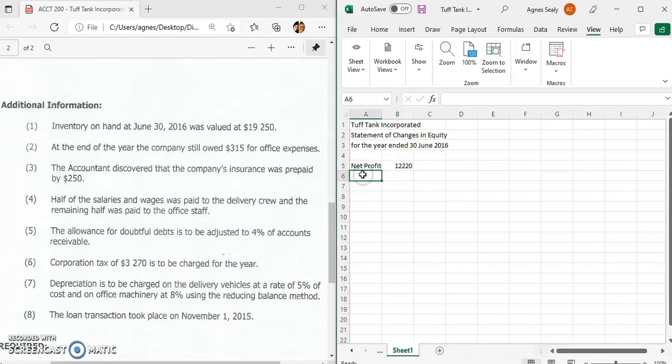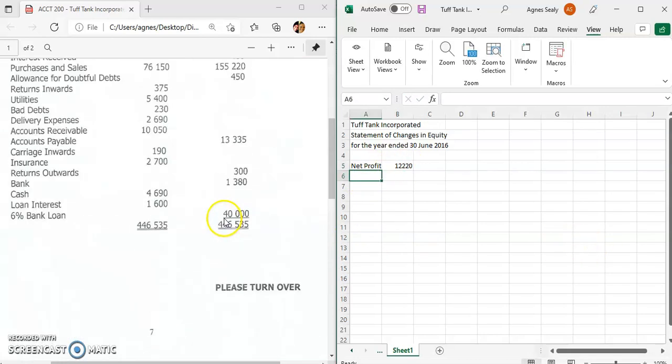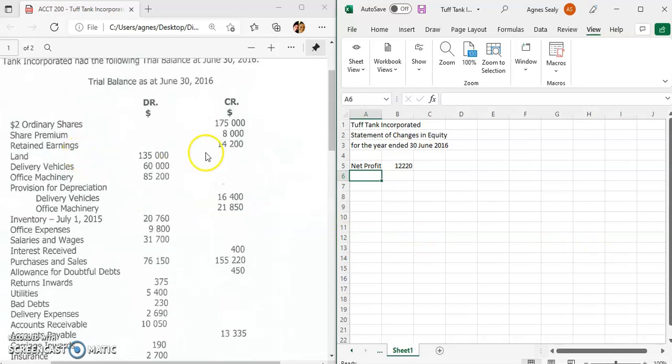Then to that, if we had retained earnings previously that were a profit, we add them. If it was a loss, it would be on the debit side of the trial balance. So there I would add my retained earnings drawdown, and that would be $14,200.